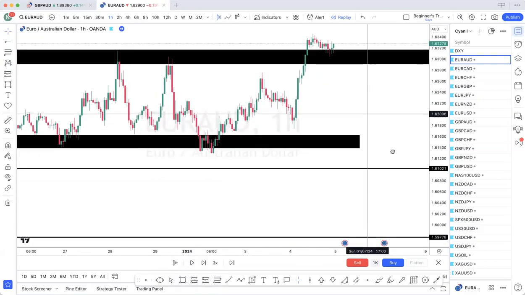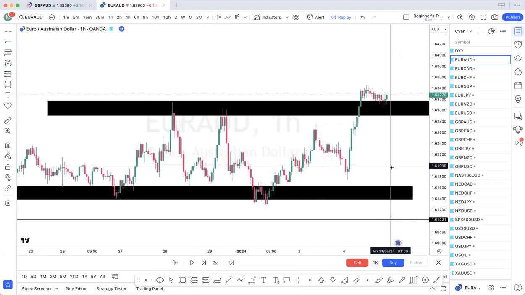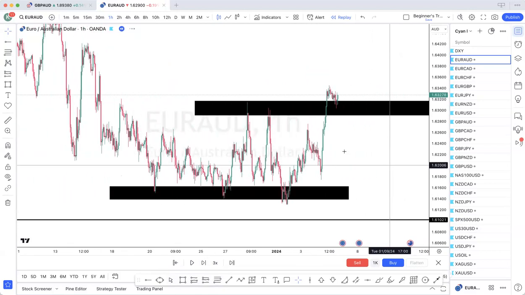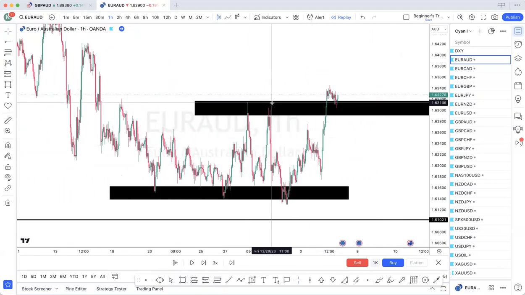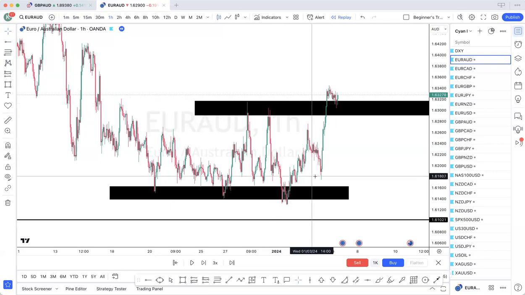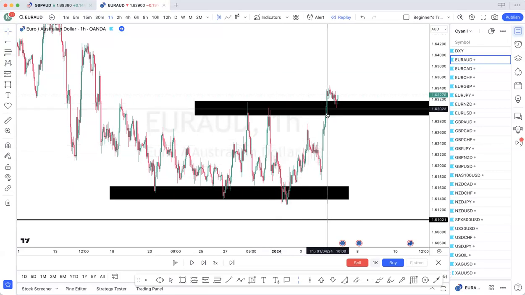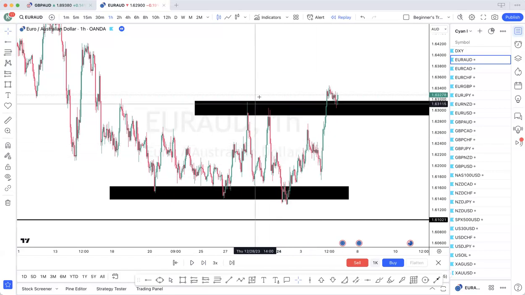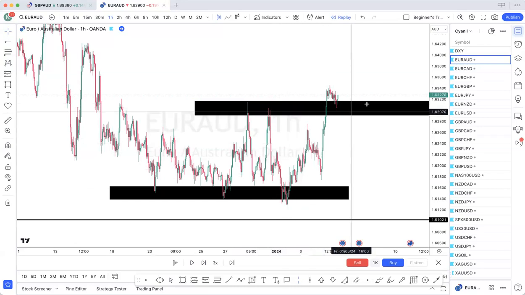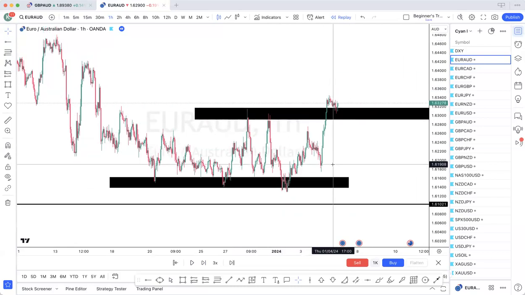Let me zoom in a little bit because I can't see. Okay, so it broke these highs. We have an expansion move. It broke the highs. What is this? EA?